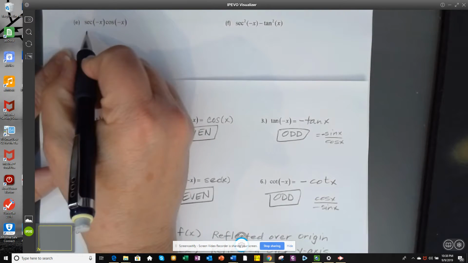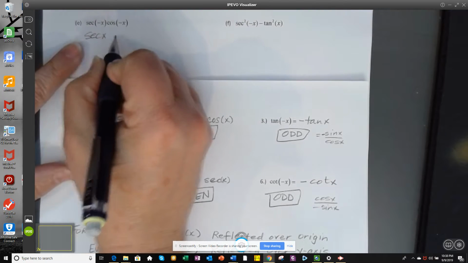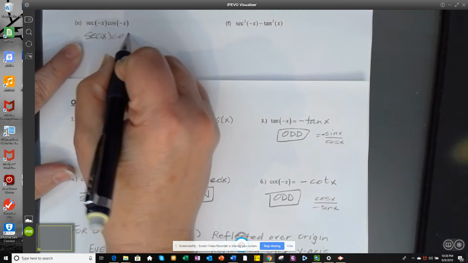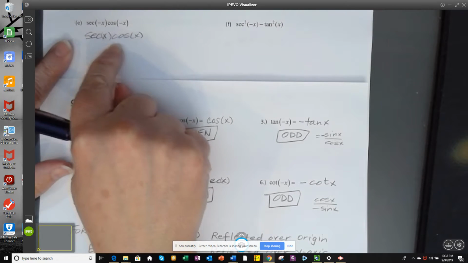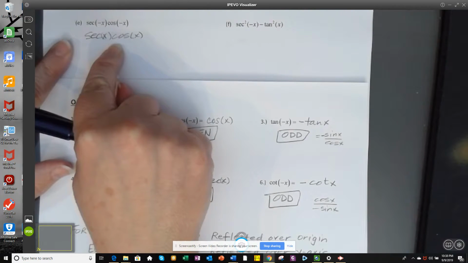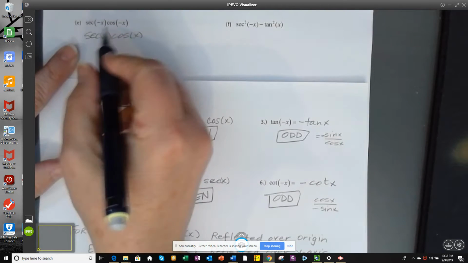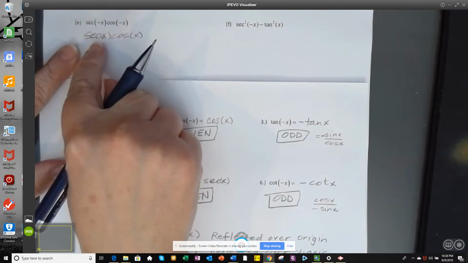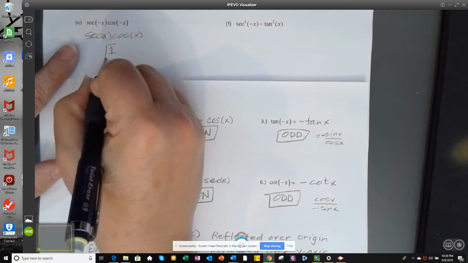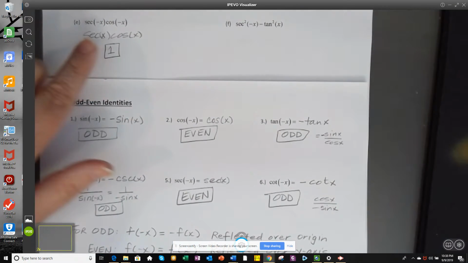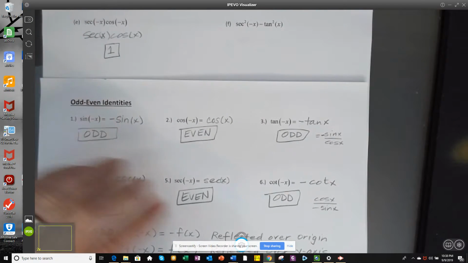So I can just say that secant x and cosine x go here because they're even. I don't really drop the negatives, but I don't need the negative. They're equivalent without the negative. And these are now reciprocals of each other, so this whole expression simplifies to 1.